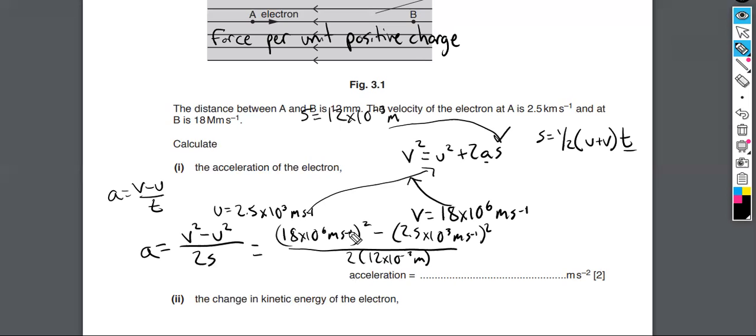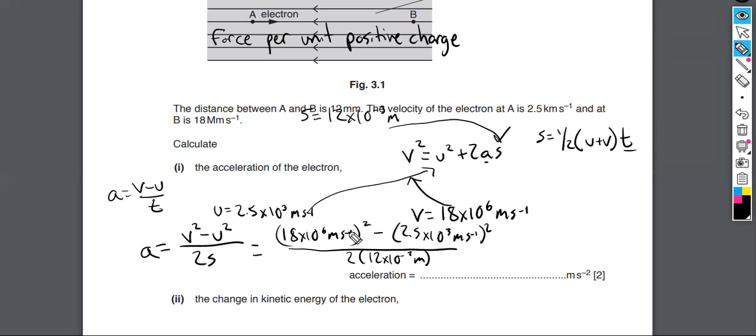I'm going to double check my calculations here. 18 times 10 to the 6 squared minus 2,500 squared equals, over 2 times 12 times 10 to the negative 3.